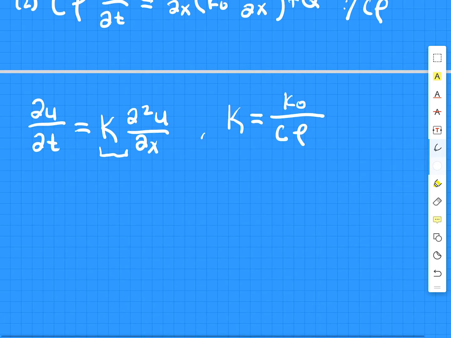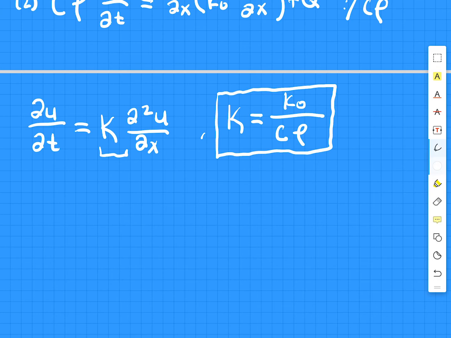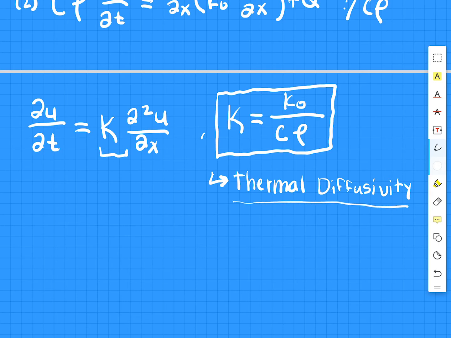And this actually has a very specific name. This term right here is known as the thermal diffusivity. There we go.